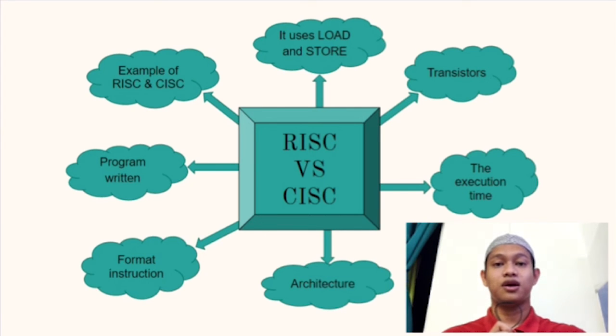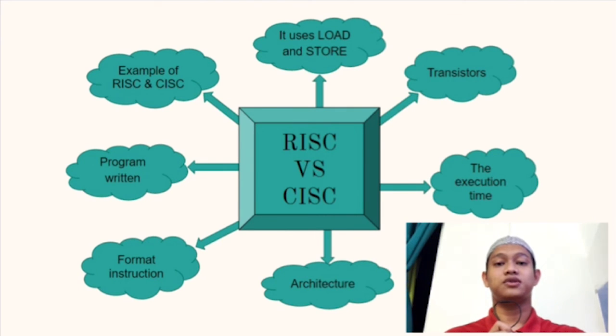In addition, RISC architecture can be used with high-end applications like telecommunication, image processing, video processing, and so on. And CISC architecture can be used with low-end applications like home automation, security systems, and so on.